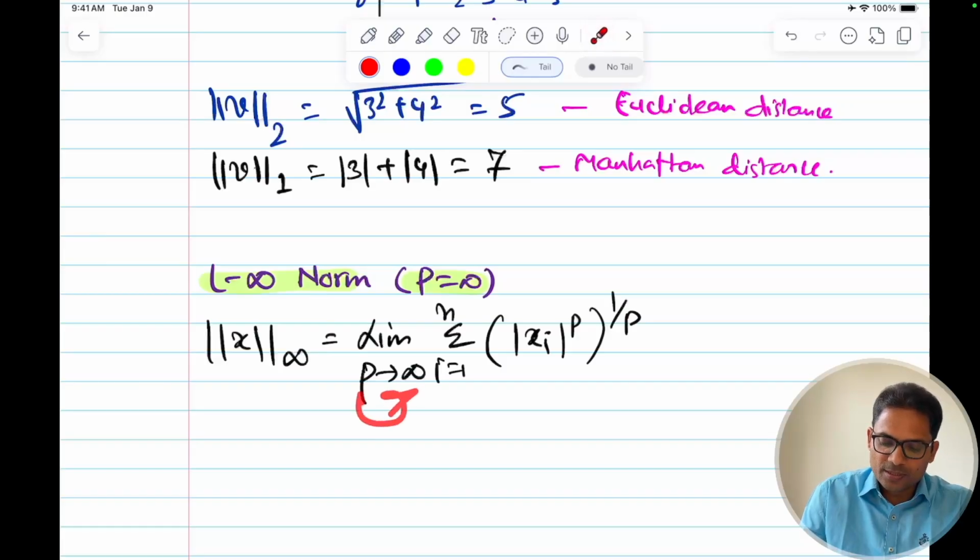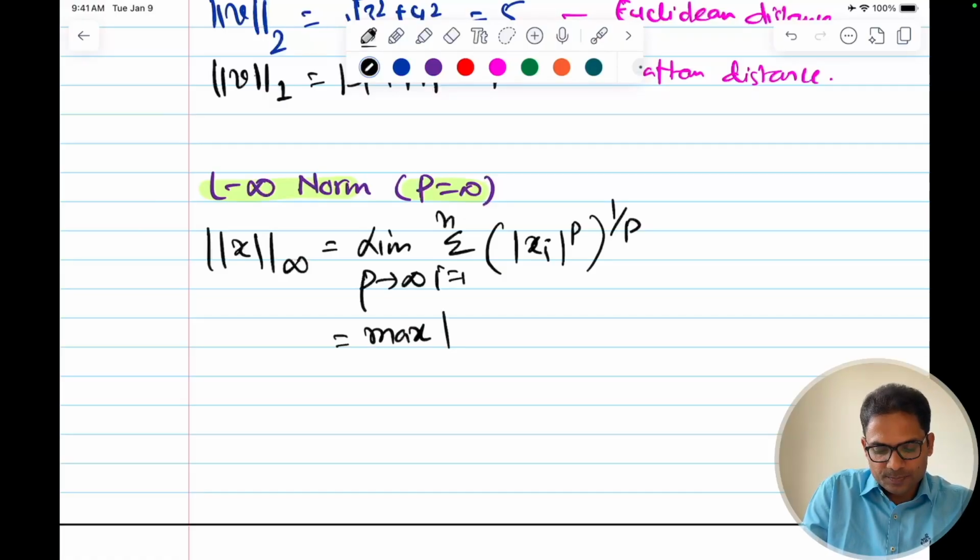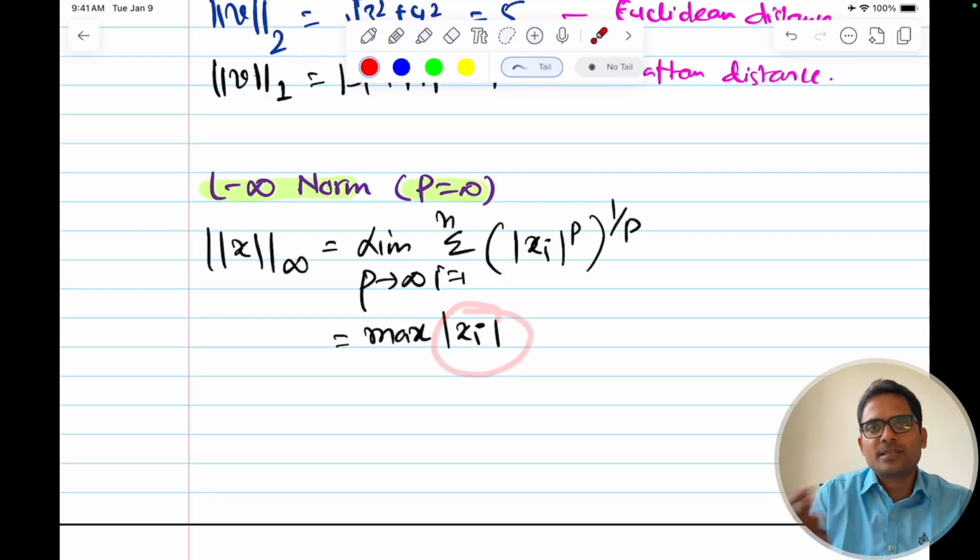So what will be this? If you solve it, this turns out to be the max value of absolute value of xi, because it's distance, so it will always be positive, so that's why we put this absolute value.